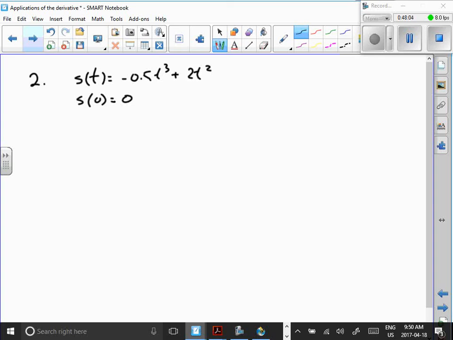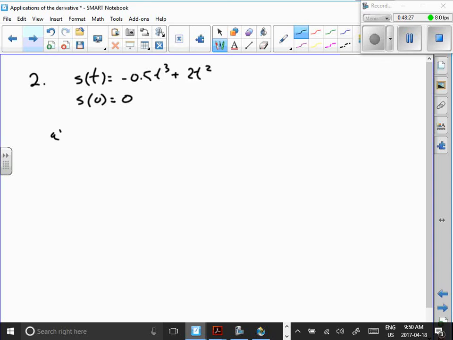It doesn't tell us what unit the displacement is measured in. T is probably in seconds. Anyways, we want to determine the position of the particle at t equals 1. There's no calculus here, we just plug those values into the function.